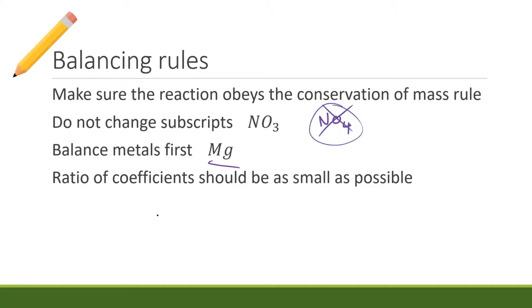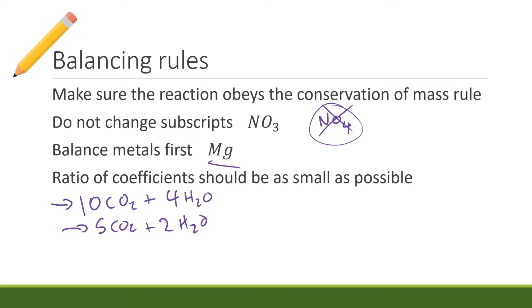So if you have 10 CO2 plus 4 H2O, whatever it is, you should be able to say, hey, I can simplify that to 5 CO2 plus 2 H2O, because I've just divided everything by 2, and that's now a bit simpler. It's the simplest form.